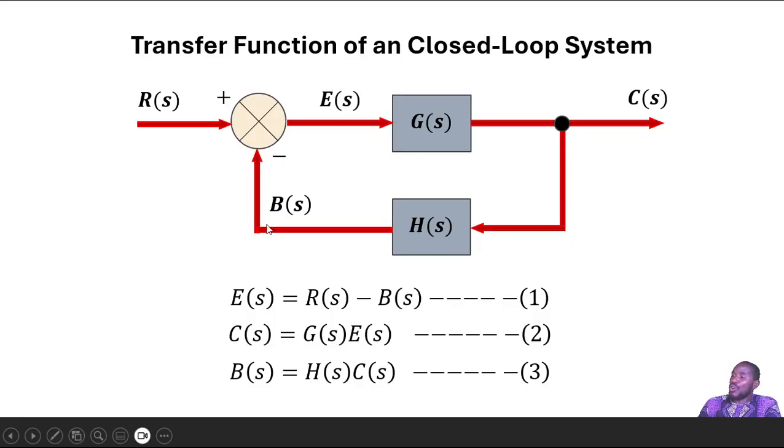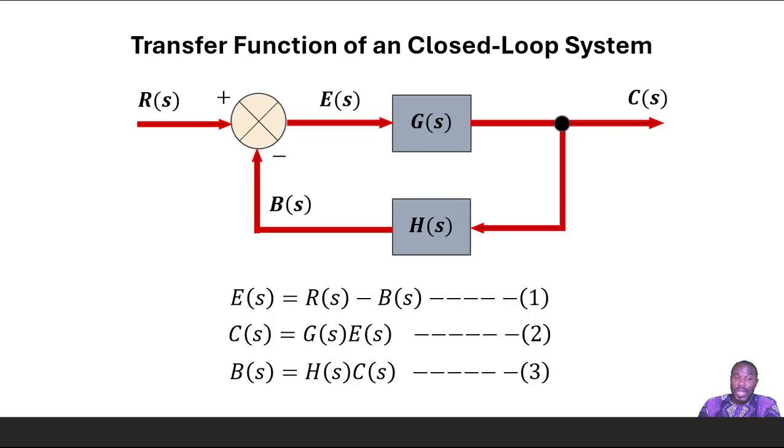Then your feedback signal B of S is the output from the feedback transfer function. What comes into your H of S is C of S. So we can say that B of S is a product of this transfer function H of S and the input signal coming to it, which is C of S, as is expressed in equation 3.